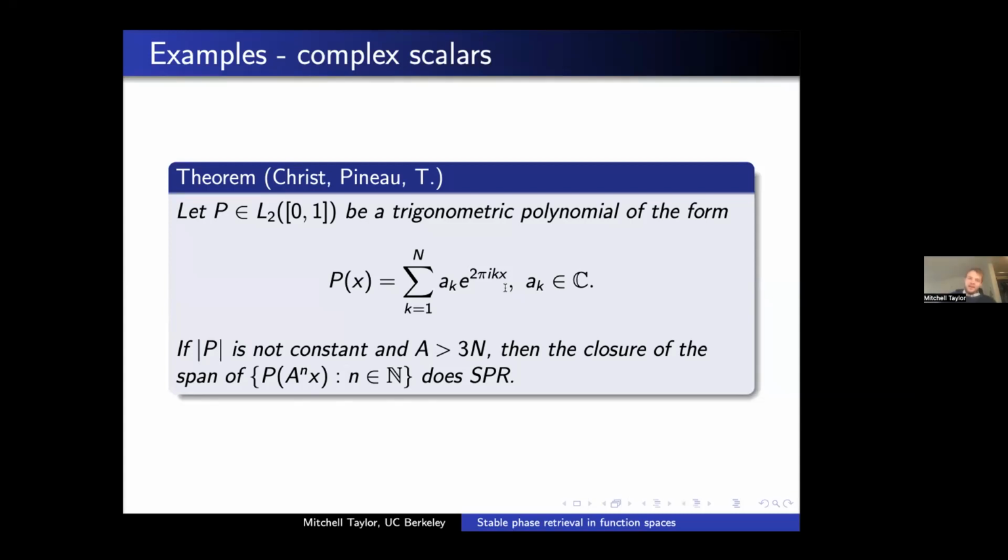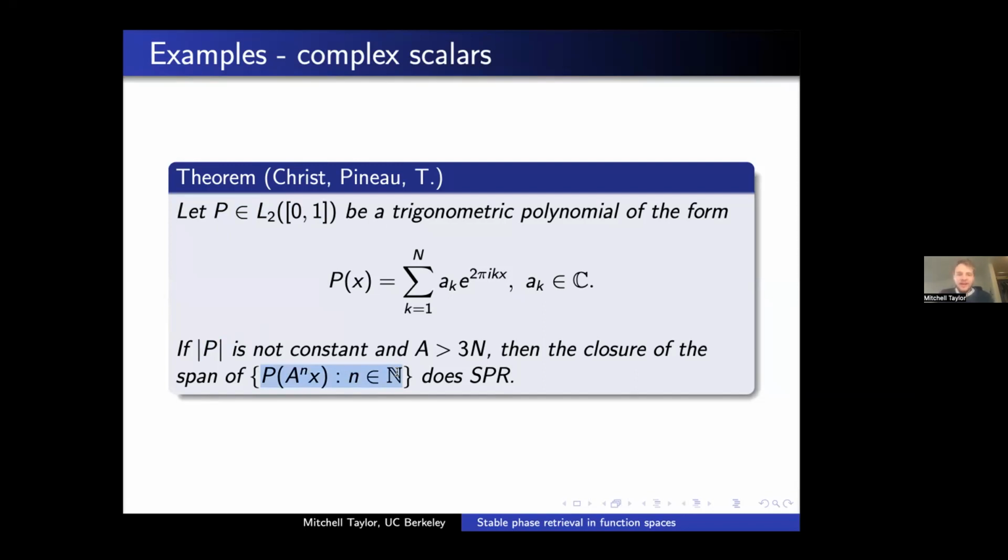Then my claim is that as long as the magnitude of p is not identically constant, then if I look at the closed span of sufficiently lacunary dilates of this polynomial, that will do stable phase retrieval in the complex sense.